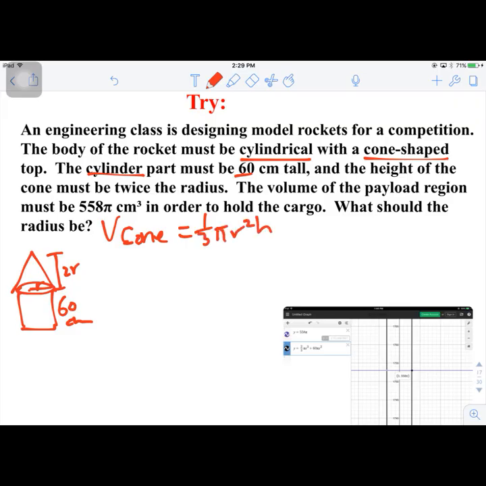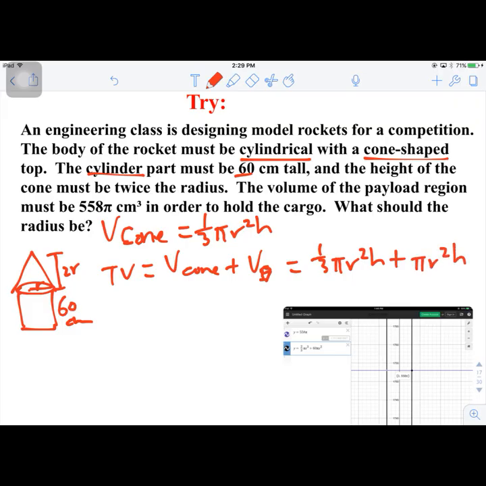And so the total volume is going to be the volume of the cone plus the volume of the cylinder. And that's going to be 1/3 pi r squared h plus pi r squared h.